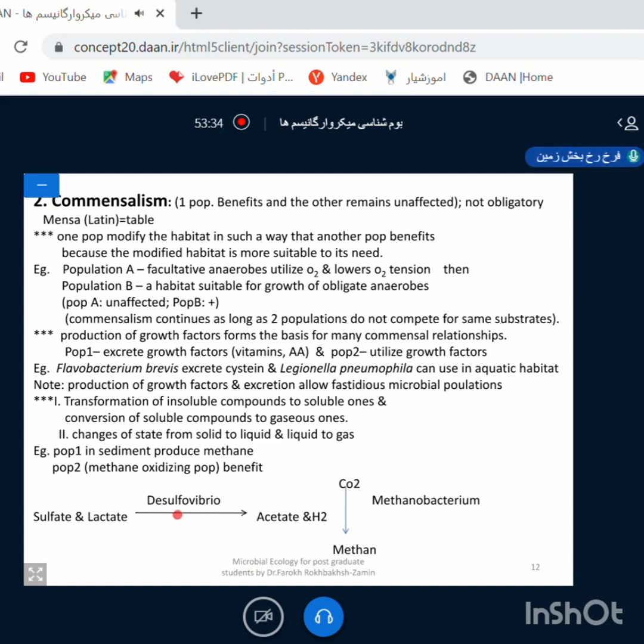So Desulfovibrio is not happy, not sad. No difference. It does its job. But methanobacterium is very happy to be with the Desulfovibrio. It is another example of commensalism.